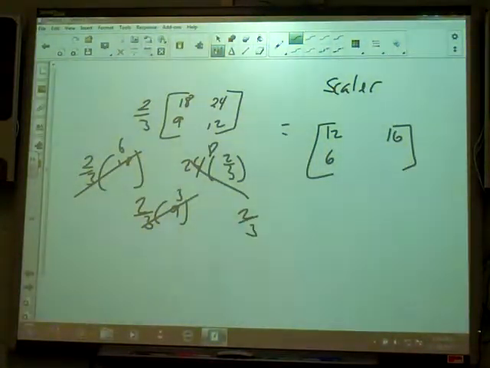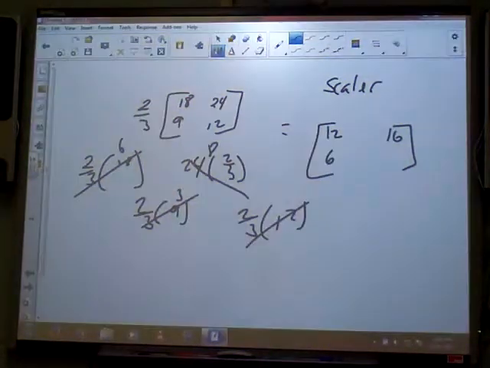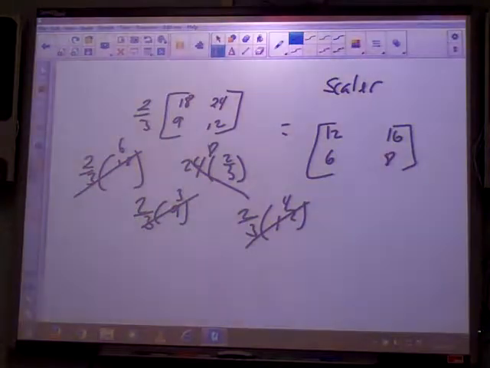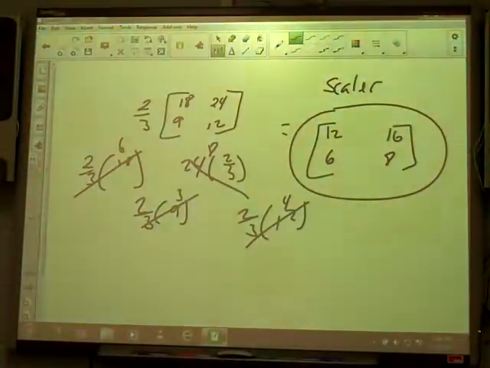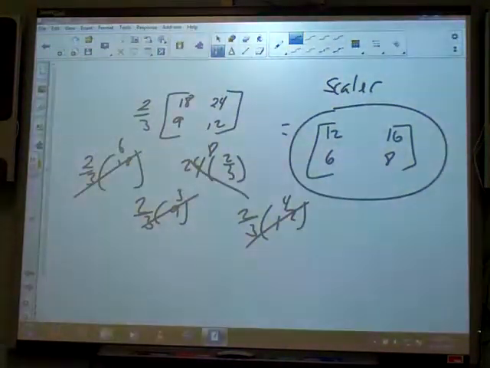And then 2/3 times 12: 12 over 3 is 4, so that's just 4 times 2. Okay.